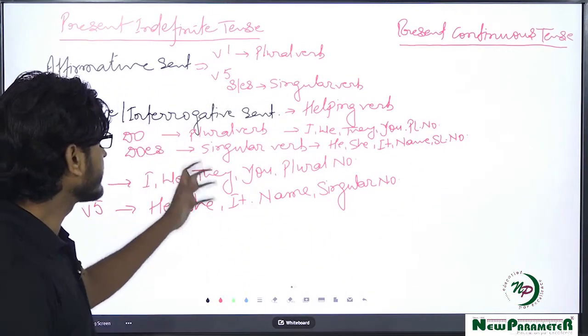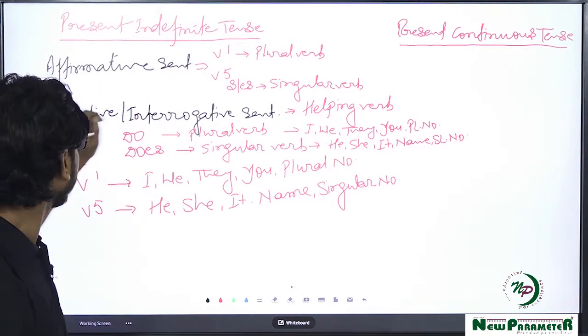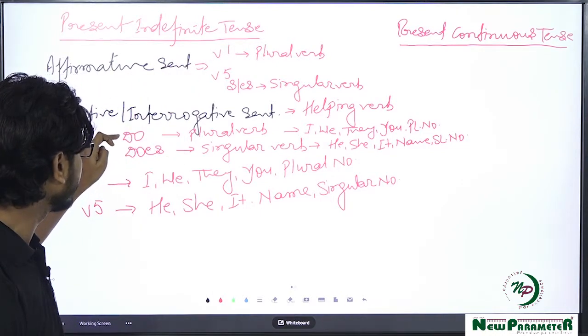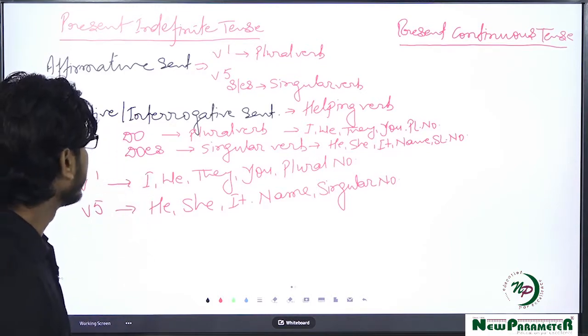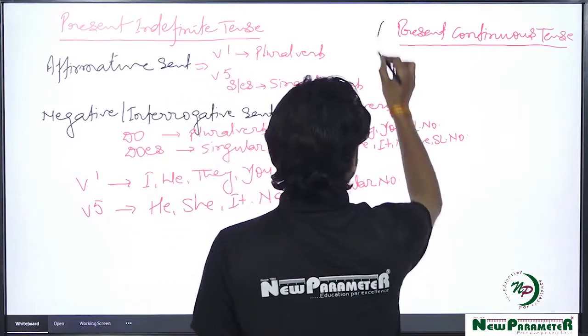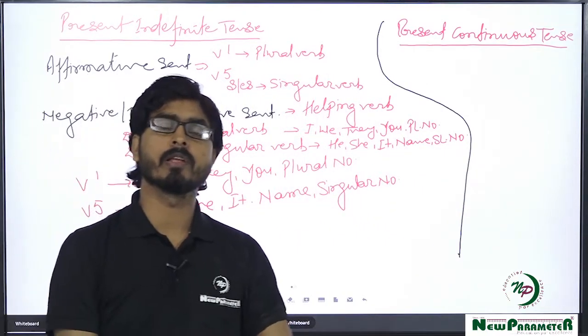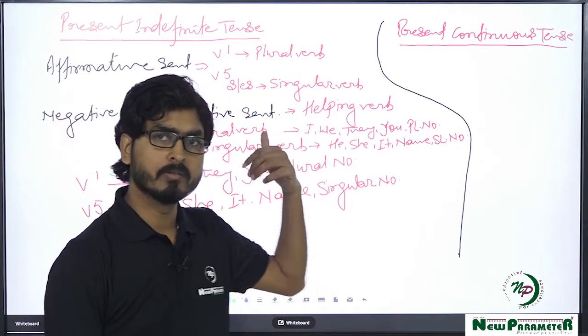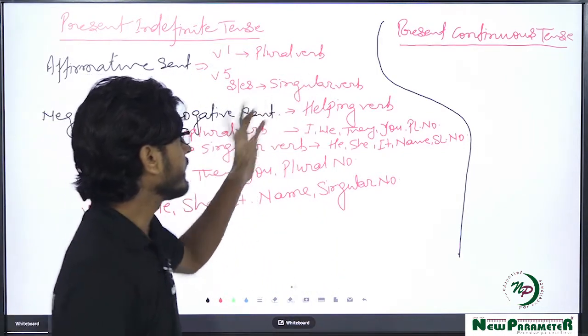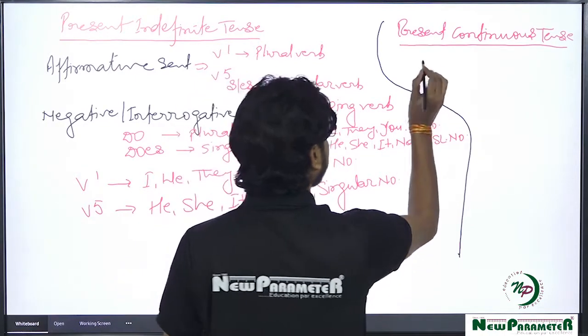So these are basic things, that whenever we use affirmative we go for V1 and V5 and negative interrogative we go for do and does. But what happens in present continuous tense? In present continuous tense we don't have any category of sentences like in present indefinite tense. It has three helping verbs.